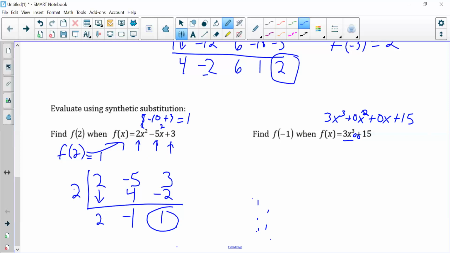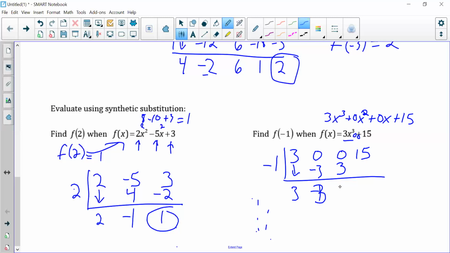All right, so let's write this down. So 3, 0, 0, 15. Draw in our division bars. And f of negative 1. So first thing, we bring this down. So 3 times negative 1 is negative 3. 0 plus negative 3 is negative 3. Negative 3 times negative 1 is a positive 3.